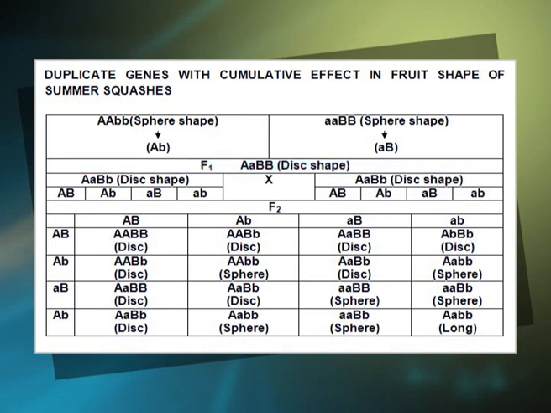When these F1 progenies are self pollinated, interaction between both the dominant genes gives new phenotypes in the ratio 9:6:1, wherein 9 disc shaped, 6 sphere shaped, and 1 elongated shaped are formed.